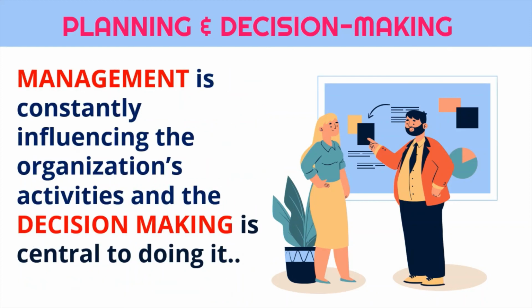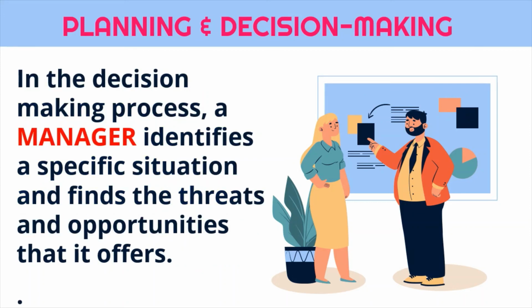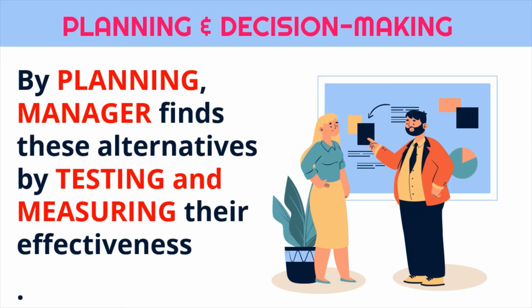Management is constantly influencing the organization's activities, and decision making is central to doing it. In the decision making process, a manager identifies a specific situation and finds the threats and opportunities that it offers. By planning, the manager finds alternatives and tests and measures their effectiveness.